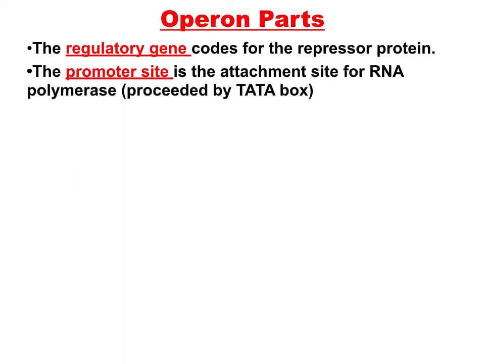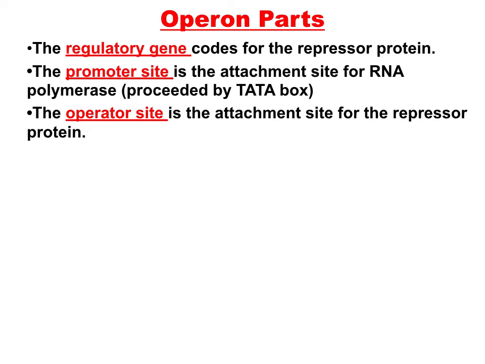Just like in eukaryotic cells, every operon has a promoter. It's a stretch of DNA to which RNA polymerase can attach. But operons also have what's called an operator. This is a site on the DNA where an active repressor protein can attach.